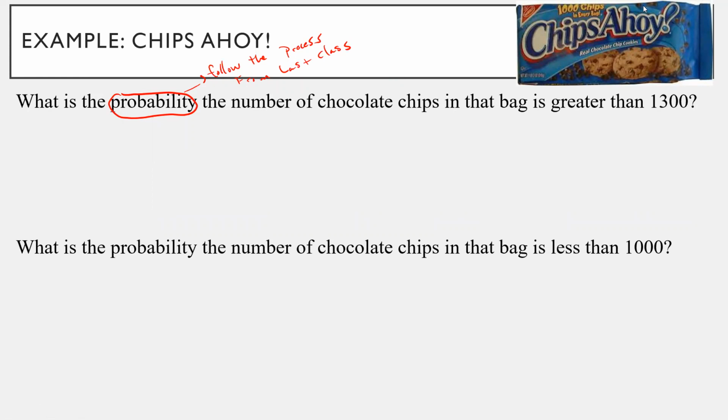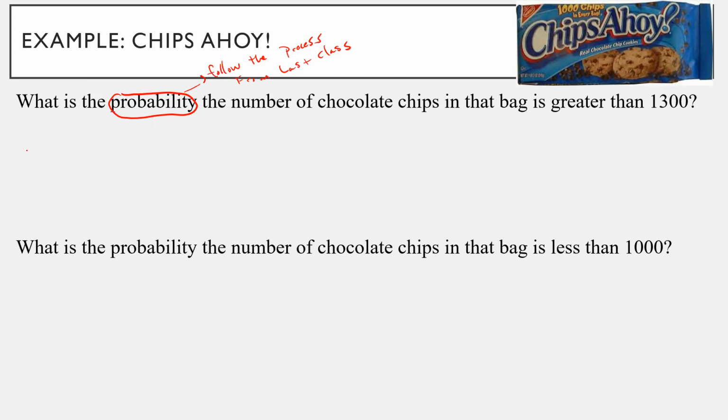Okay, so what is the probability that the number of chocolate chips in a bag is greater than 1,300? So for some reason, what I'm doing here is I'm asking you, if you grab a random bag off the aisle in the grocery store, what's the probability that you get a super bag and it has more than 1,300 chocolate chips?